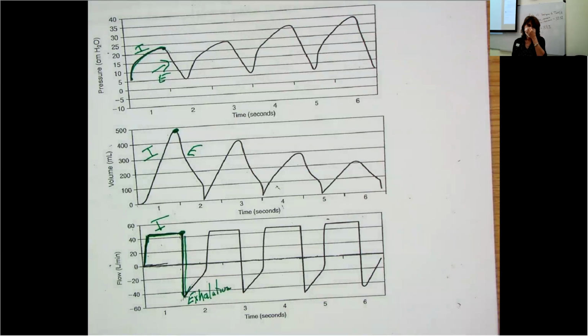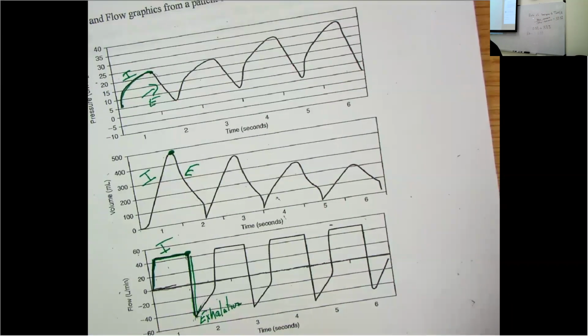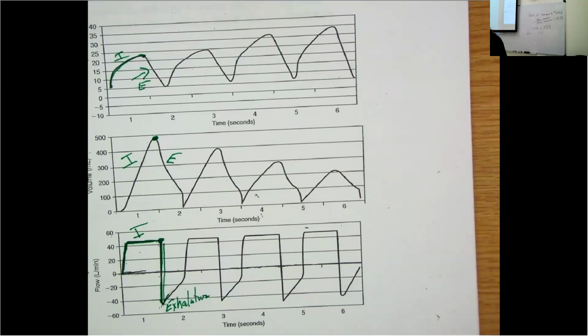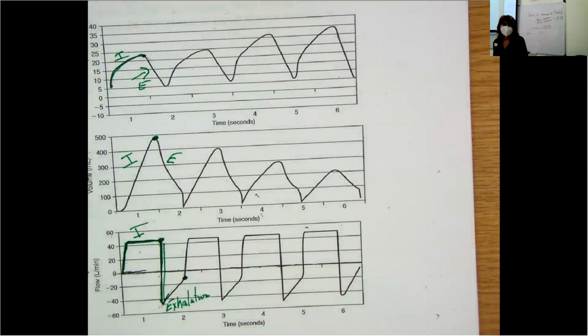And the answer is no. We spend more time looking at that. But there wasn't a chance for all the air to come back out before the next breath started. Right there.